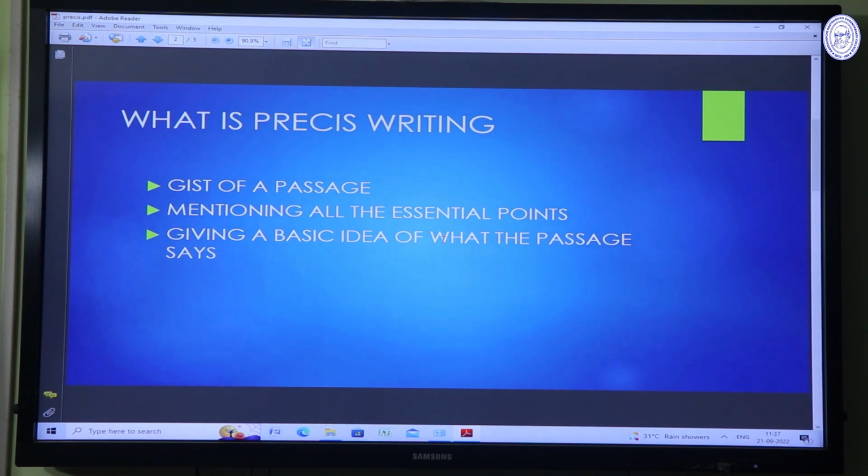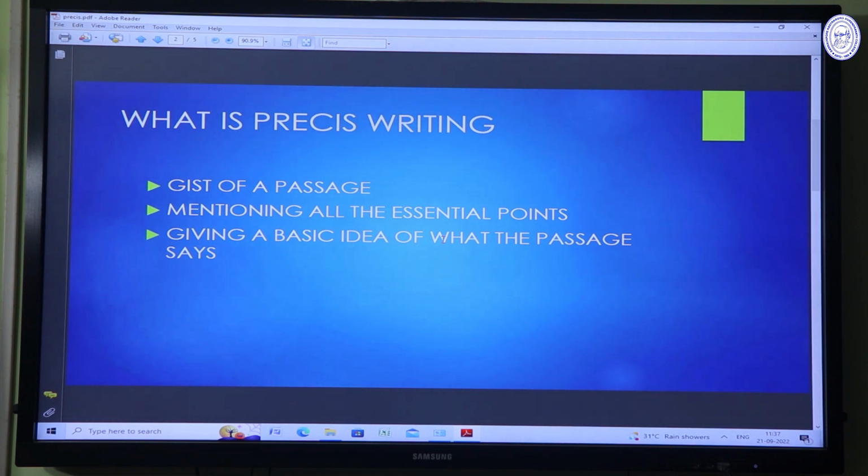Then, when you write this summarized version of this passage, you must ensure that you mention all the essential key points. Okay? So, you are shortening the length of the Precis, but it is your responsibility to ensure no important point should go missing.